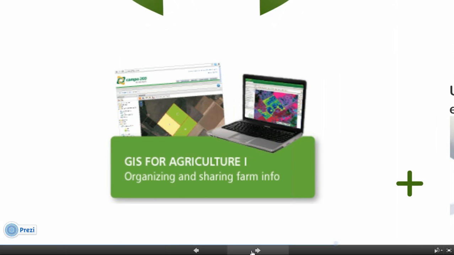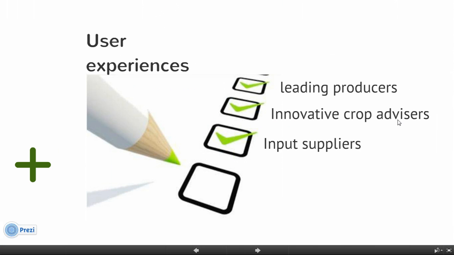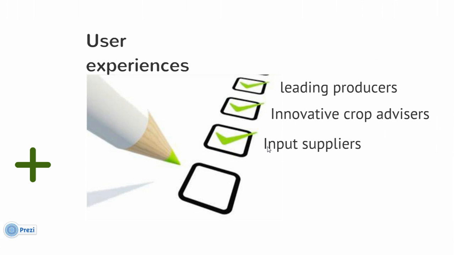And the third week will be more oriented to reviewing user experiences. What we are bringing is videos and recordings and experiences from leading producers, from innovative crop advisors, from input suppliers. Those are the three main groups. And hopefully the idea with this is to maybe reach a conclusion from your side to see, okay, where can I make this technology profitable, applicable, environmentally helpful.